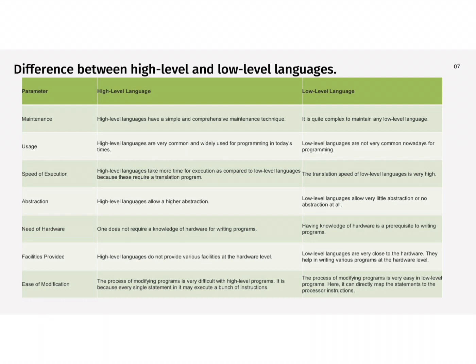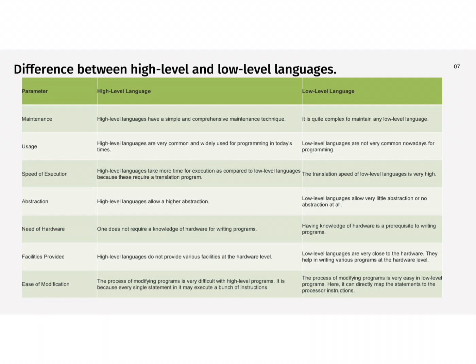A high-level language is more commonly used in today's world, whereas low-level languages, not so. But when it comes to the speed of execution, a low-level language, since it's much closer to the computer's hardware, is actually high in speed, whereas high-level languages are much slower and take a bit of time.